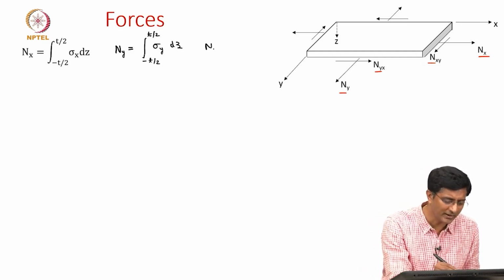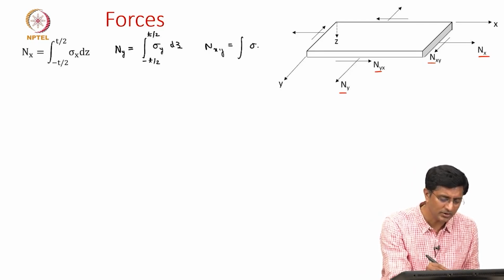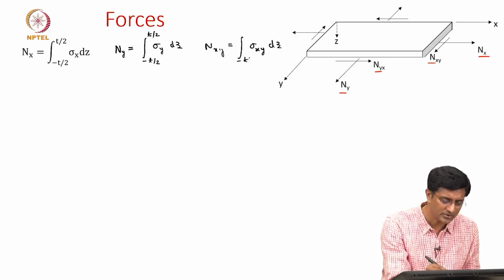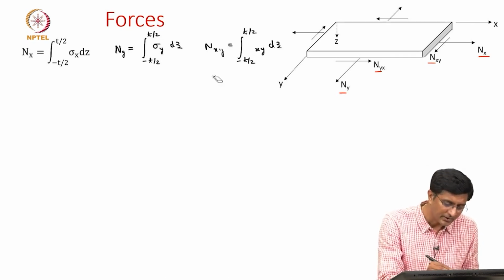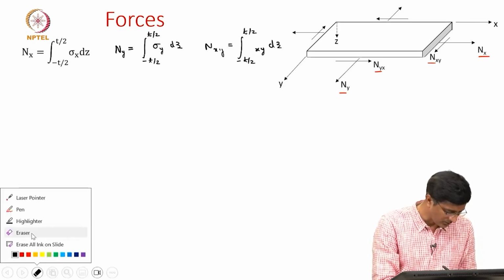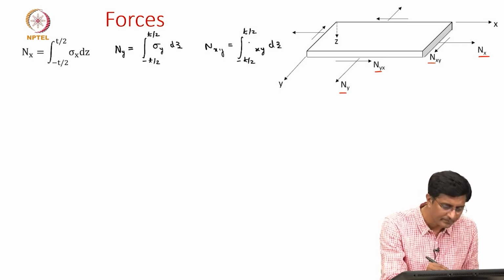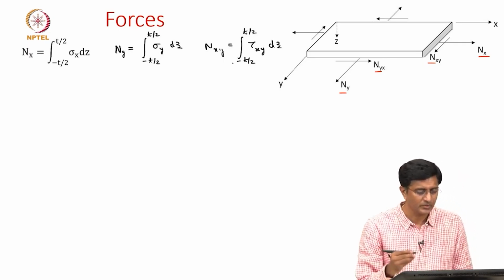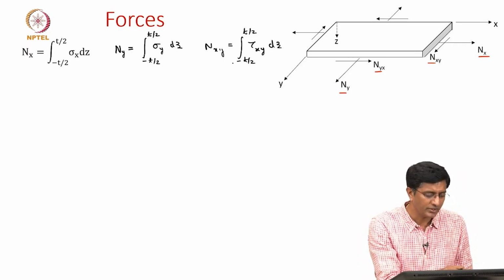And similarly Nxy can now be written in terms of the stresses sigma xy or tau xy times dz, going from minus T by 2 to T by 2. So let's write it in terms of tau instead of sigma. Okay. Now we have the definitions for Nx, Ny and Nxy.